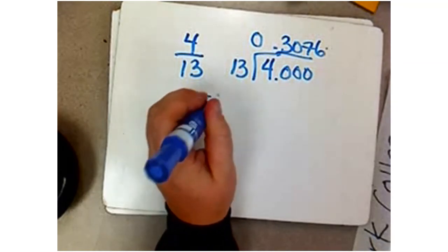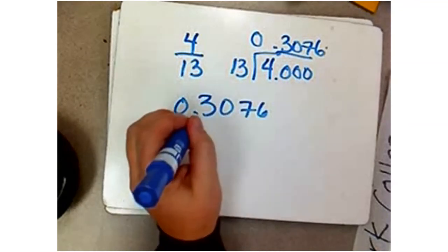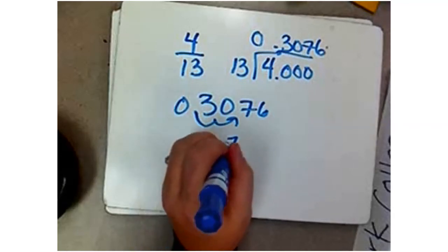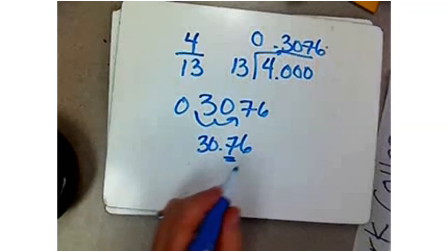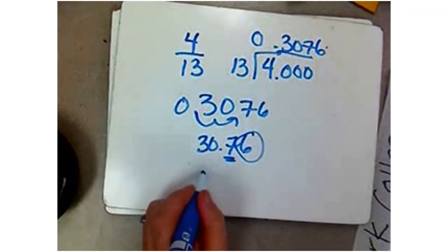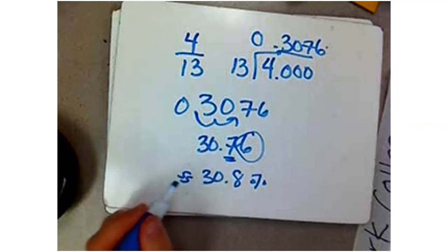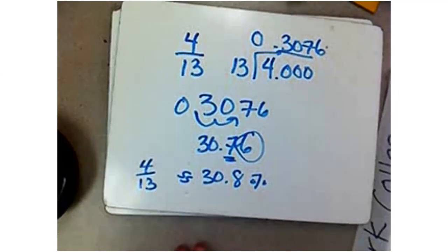So we take the 0.3076. We move our decimal 2 places to the right. We have 30.76. We're going to round it to the nearest tenth, which is the 7th place. So the 6 makes that go up. So we have actually 30.8% approximately. 4/13 is 30.8%. Right? So practicing those rounding rules also.